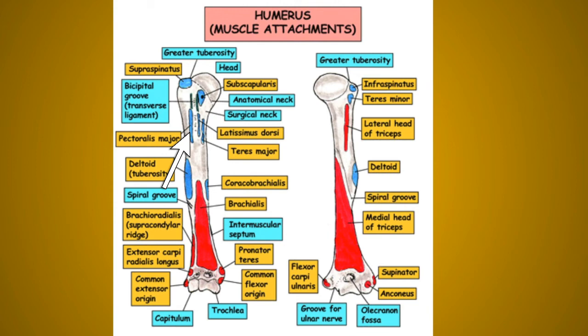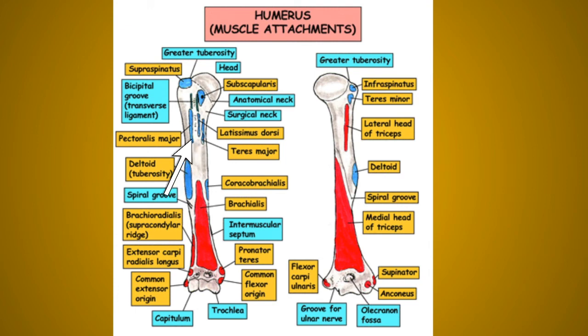Okay, now next is the pectoralis major muscle. This muscle is inserted into the lateral lip of the intertubercular sulcus. Okay, and the insertion is bilaminar. Okay, now the latissimus dorsi is inserted onto the floor of the intertubercular sulcus or the bicipital groove, and the teres major is inserted into the medial lip of the bicipital groove.